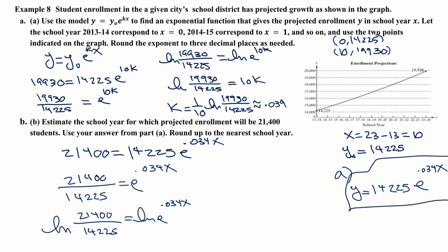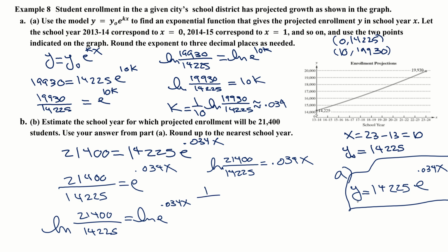So we get ln of 21,400 over 14,225 equals 0.034x. So multiply both sides by 1 over 0.034 basically.